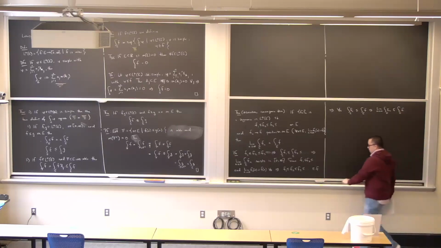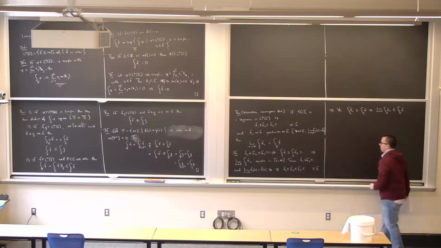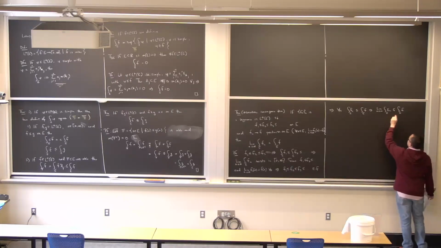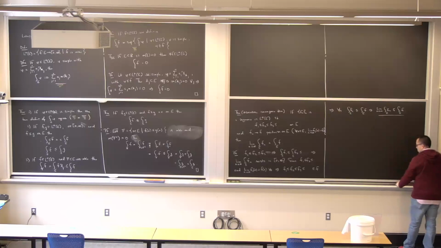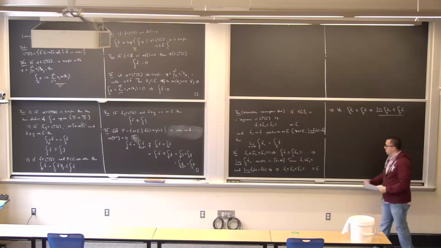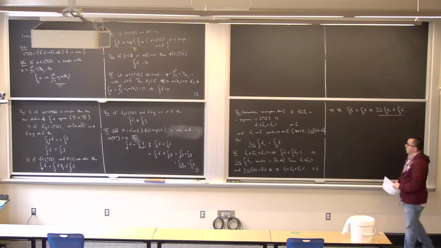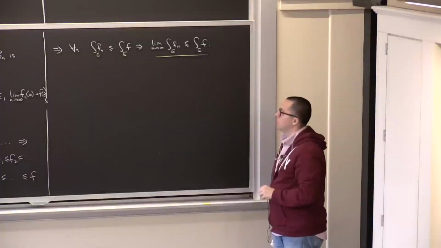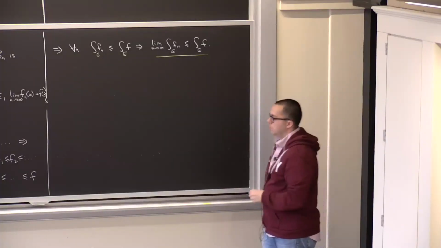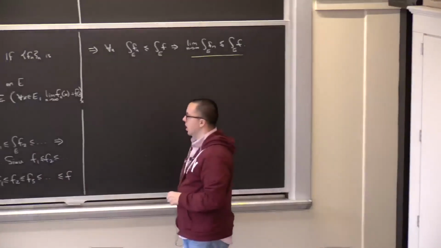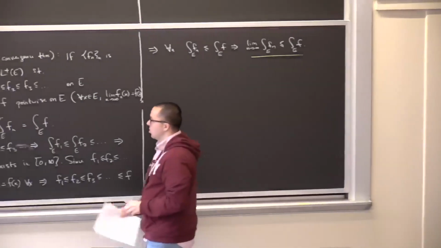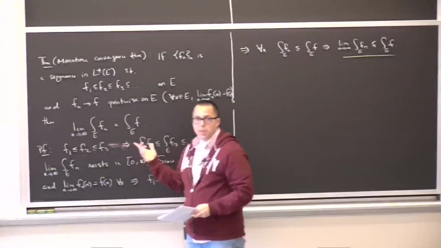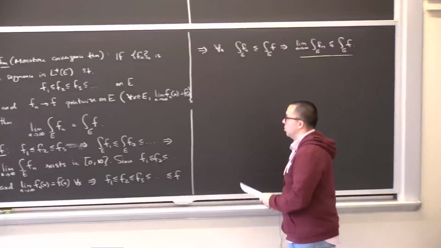So just based on the assumptions, we immediately get that one of these quantities that we want to show is equal to the other is less than or equal to the other quantity. Okay? So, standard trick of analysis, if you get for free that one quantity is less than or equal to the other quantity that you want to show are equal, let's try and go the reverse direction.